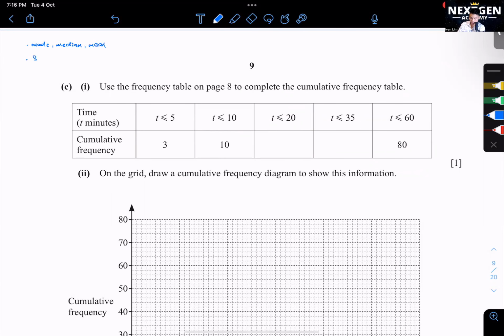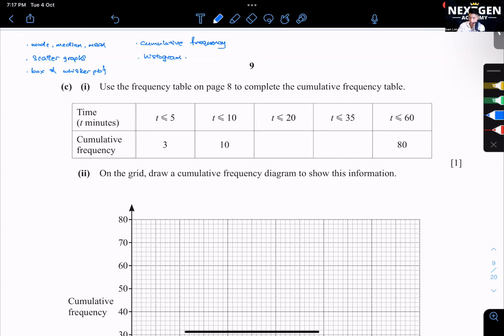You need to know your scatter graphs, your box and whisker plot, your cumulative frequency, and your histogram.